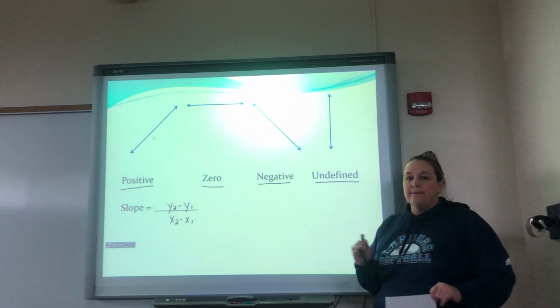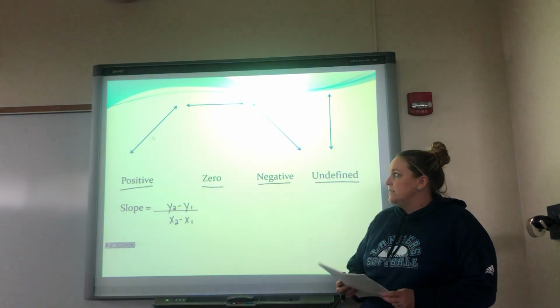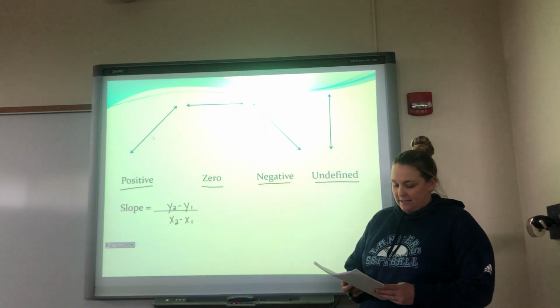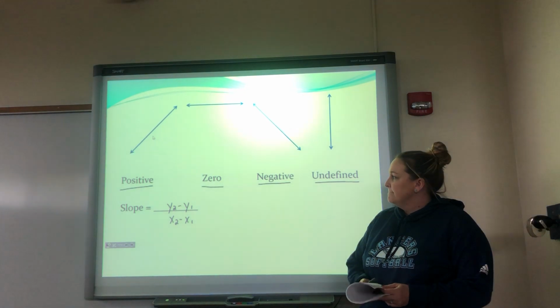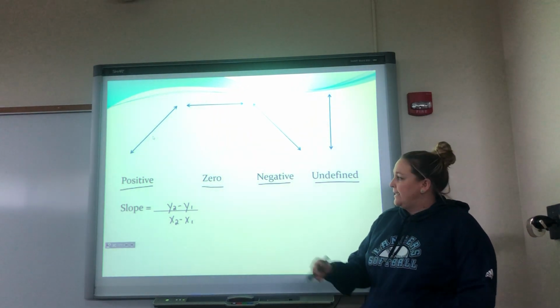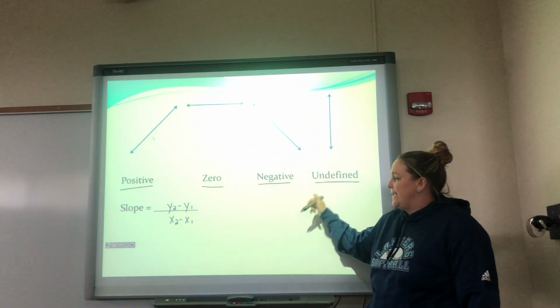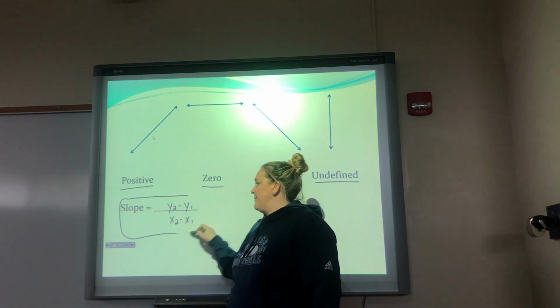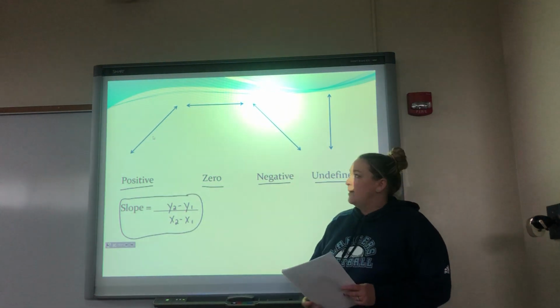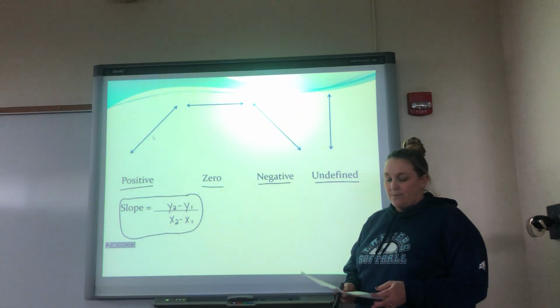You just remember we talked about that being the change in our y's over our change in our x's. So again, I think you just need to fill in these 4 blanks. I don't think this is on your paper, so that's kind of up to you whether or not you want to write that down at this point.